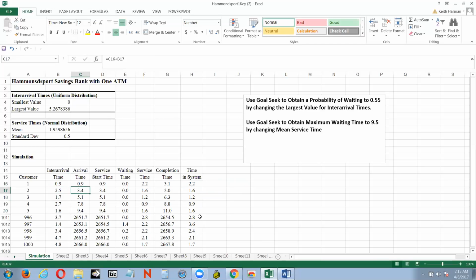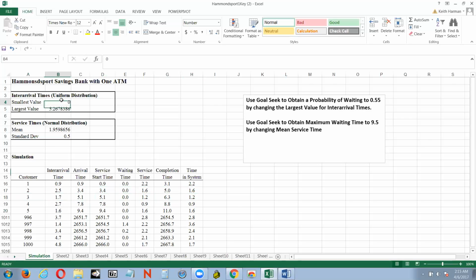So they came in as the second customer, and the first customer had been there 0.9. They came in at 2.5, so the arrival time at that point is 3.4. That's when they got there, and that's their service start time. They did not have to wait either, and you can see how it just correspondingly moves on.